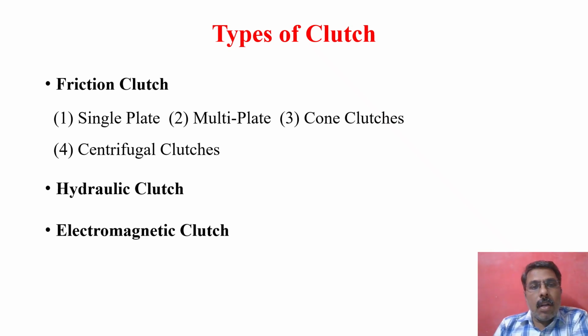The main principle behind the frictional clutch is that frictional plates and an applied force are used to transmit the power from the engine shaft to the driven shaft. In a hydraulic clutch, liquid or oil is used for the execution of the clutch action.